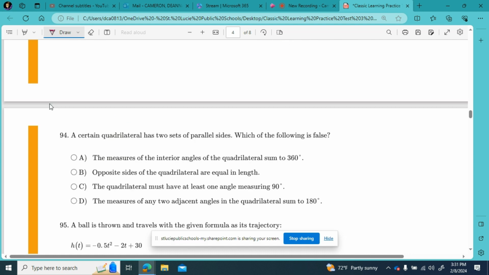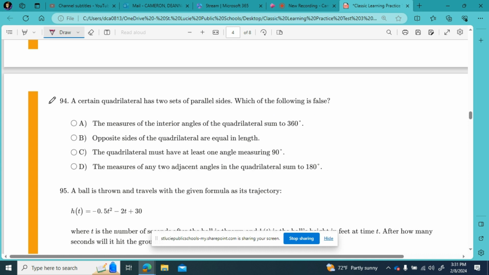Question number 94. A certain quadrilateral has two sets of parallel sides. Which of the following is false? So a certain quadrilateral has two sets of parallel sides. So it could be a parallelogram.